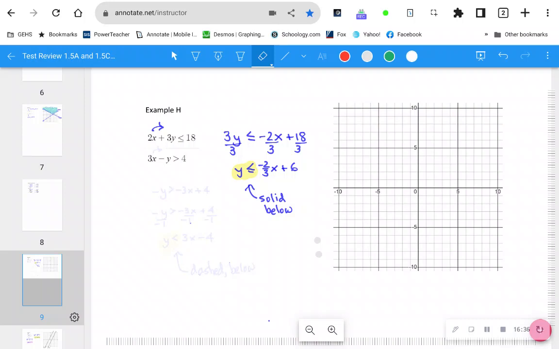So you notice that I finally highlighted y is less than or equal to at the very end. Okay, let's get this drawn. This is a y-intercept of 6, and the slope is 2 down for every 3 to the right. 2 up, 3 back, 2 up, 3 back, and we're going to draw a solid line here.